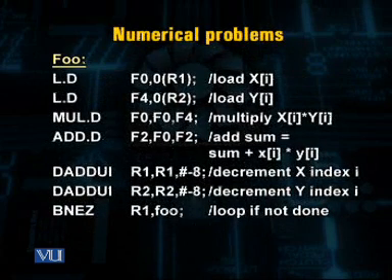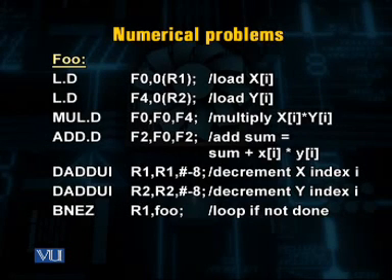Here you can see that this code has a loop carried dependence from iteration I to I plus 1, that is, 2 subsequent iterations. It also has high latency dependence within and between the loops.